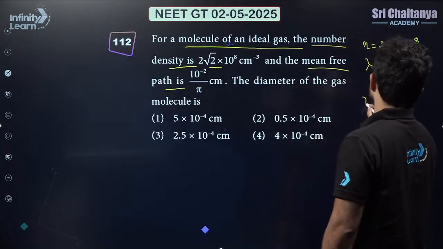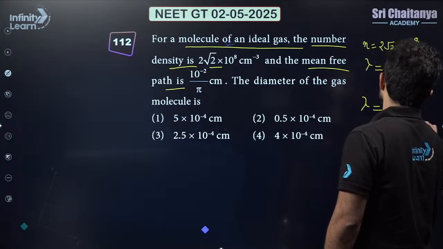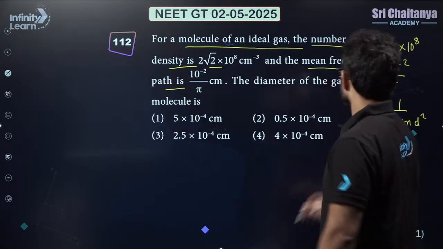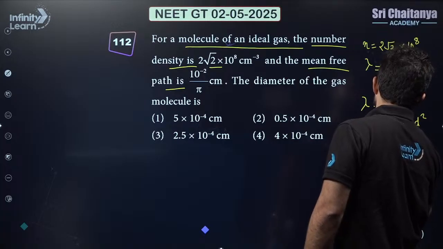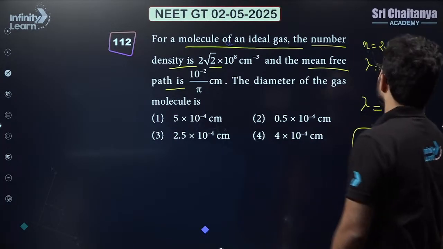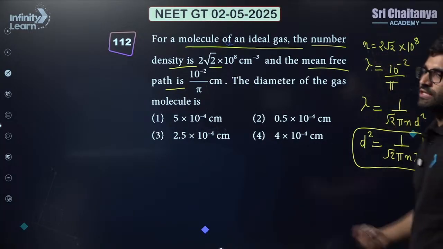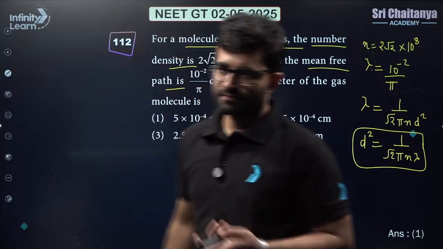So you know the formula for mean free path, right? 1 by root 2 pi n d square, where d is the diameter, right? So what is d square from here? D square would be 1 by root 2 pi n lambda. You have to just put the values. You already have all the values. You have value of n, you have value of lambda, you have root 2. You just have to put the values and take the under root. Clear? That is very simple maths. Yes?